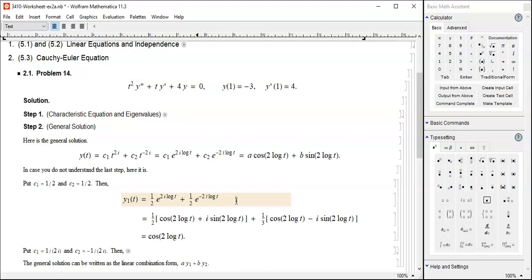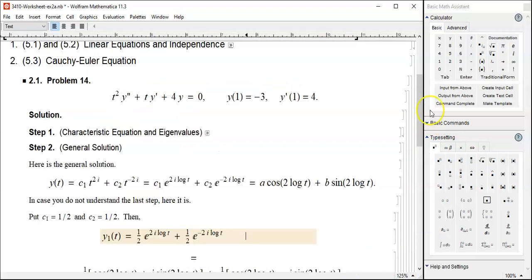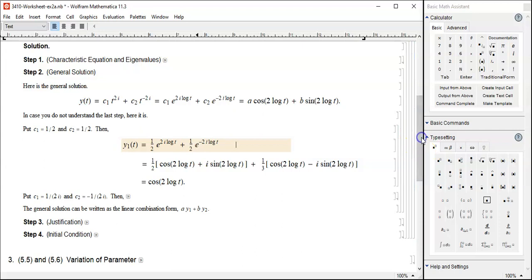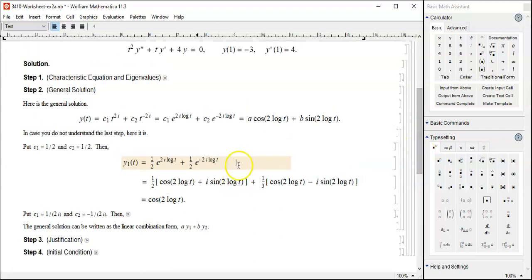y1 is 1/2 times exponential of 2i log of t. Excuse me, I should have increased the font. Too many exponentials. Okay, all right. So C1 and C2 are like this. And then apply Euler's expression of the exponential, cosine of theta plus i sine of theta.